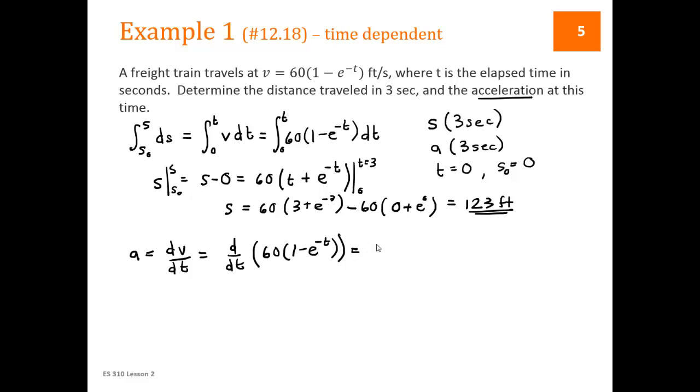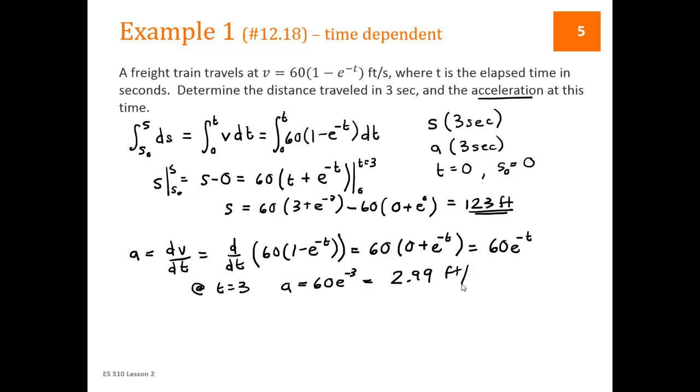Well, 60 gets factored out, and the time derivative of 1 is 0, and the time derivative of negative e to the negative t is e to the negative t. All right, so the negative sign comes down. So this is equal to 60 e to the negative t. At time equal to 3, then a is equal to 60 e to the negative 3, which gives us 2.99 feet per second squared as our answer.